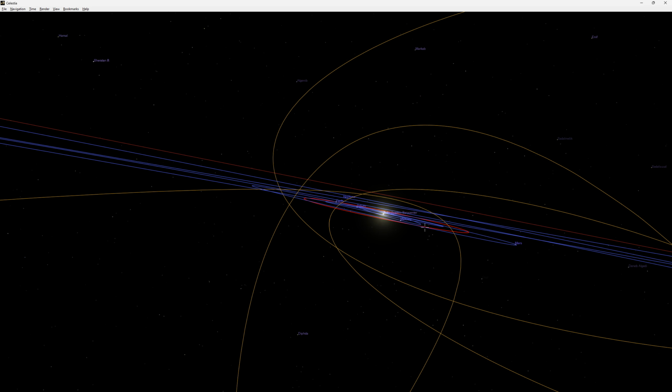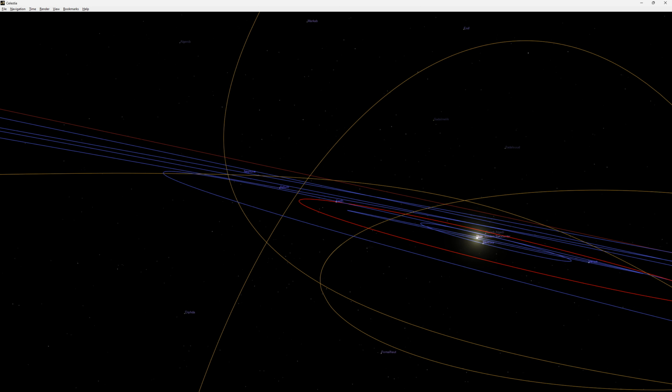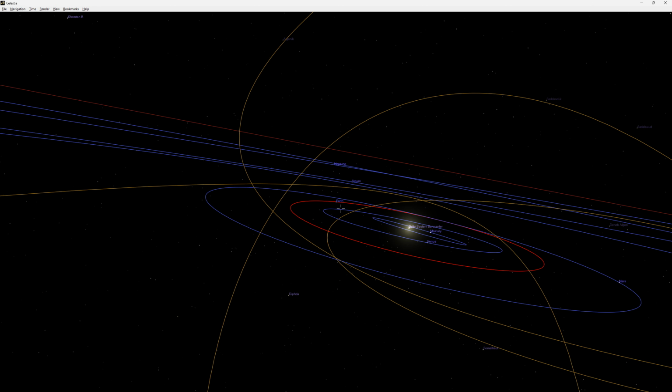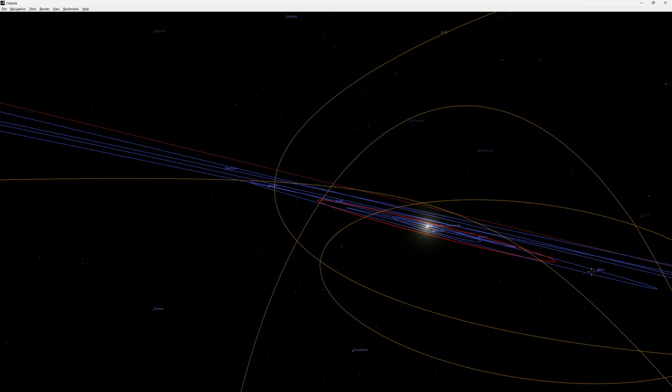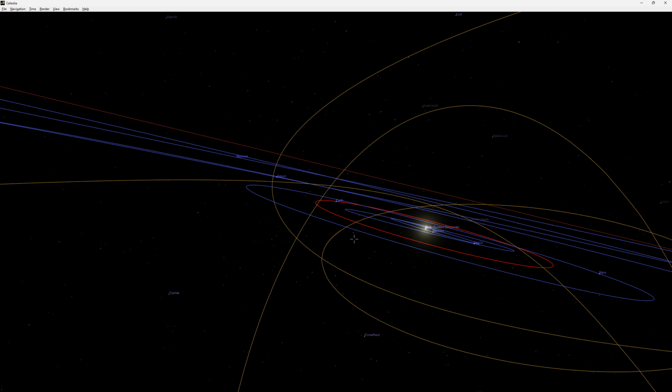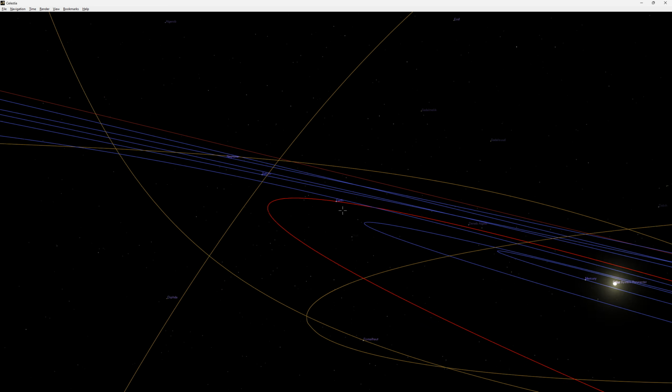So when we talk about the ecliptic reference system, we are always referring to the Earth's orbit as the plane of reference. When we talk about, say, the inclination of Mars relative to Earth, we are talking about the angle from Mars's orbit relative to Earth's orbit, in which case it's the ecliptic plane.